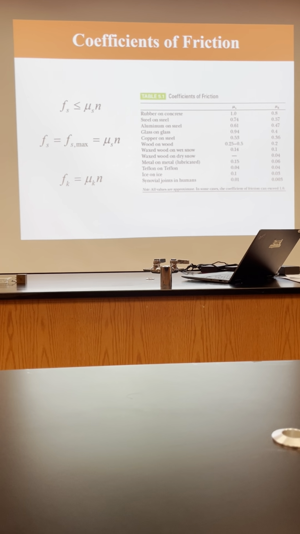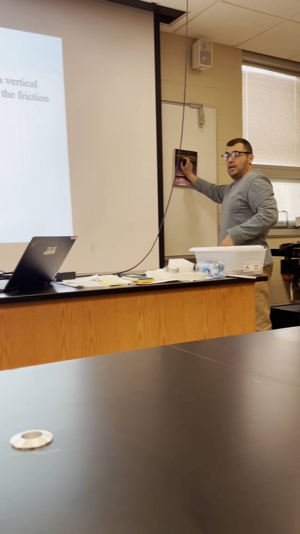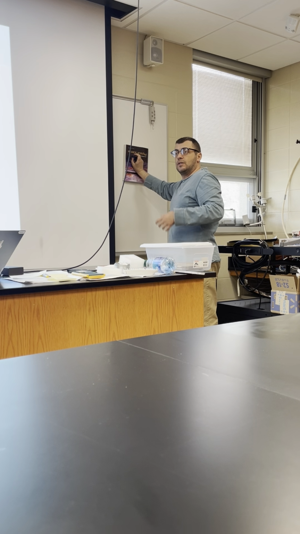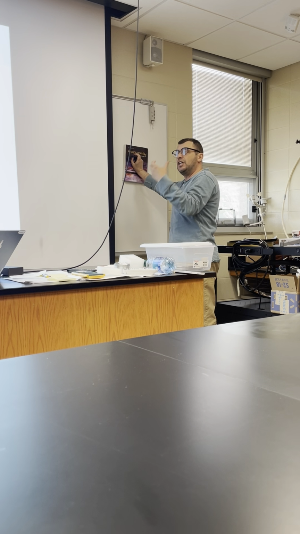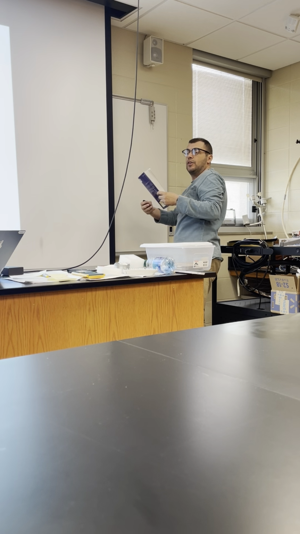Assume you are holding a physics book like this, holding it on the wall. Of course, the force that holds the book on the wall is the friction force between the wall or the board and the book.